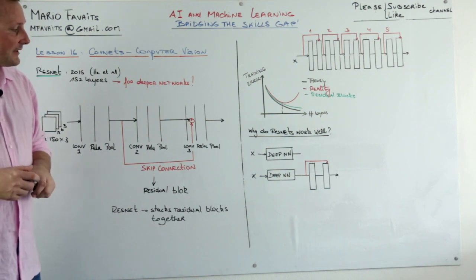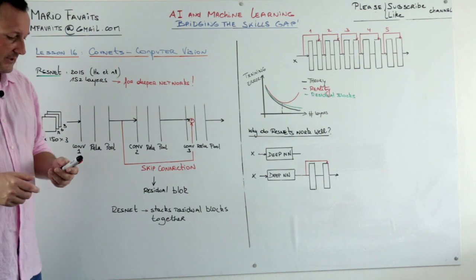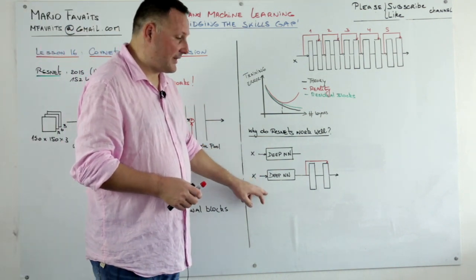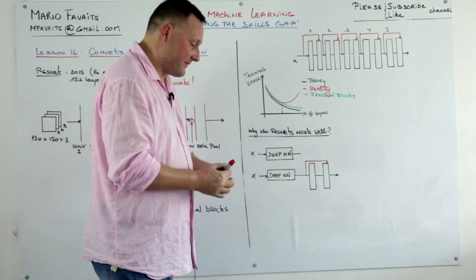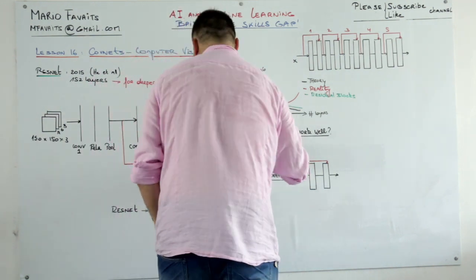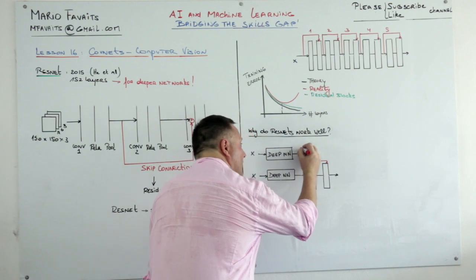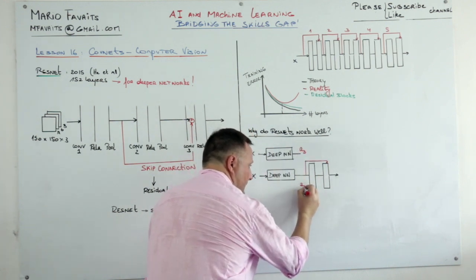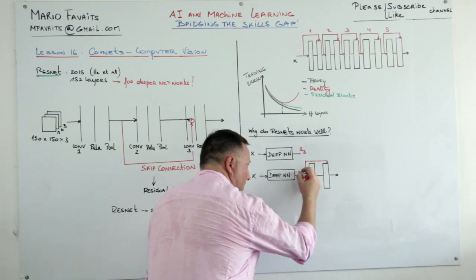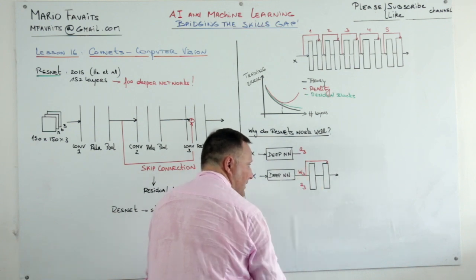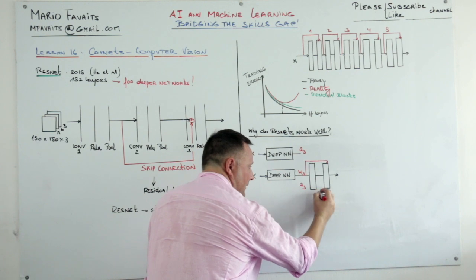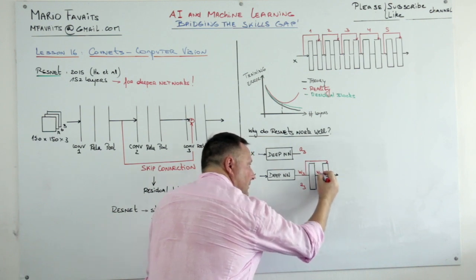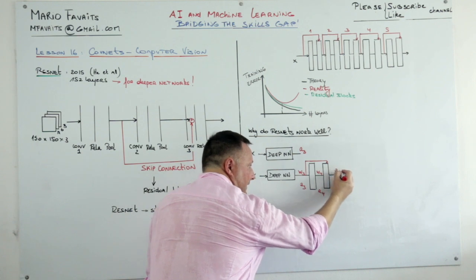Now, why do ResNets work well? Well, we're going to show this here. We have an input, we have a deep neural network, and here we stop. Here we have A3, and here as well we have A3. Here I'm going to call this W3. Here at the end we have A4 and W4, and here we have A5.